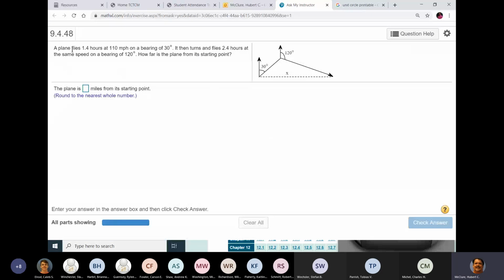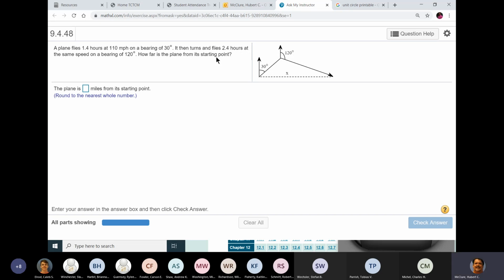Okay, a plane flies 1.4 hours at 110 miles per hour on a bearing of 30 degrees. So that's 30 degrees. He's flying that way. It then turns and flies 2.5 hours at the same speed on a bearing 120 degrees.